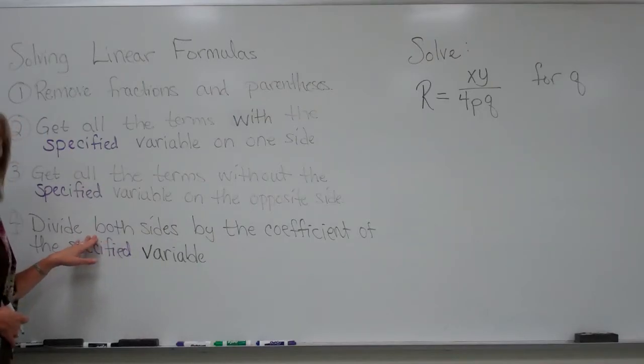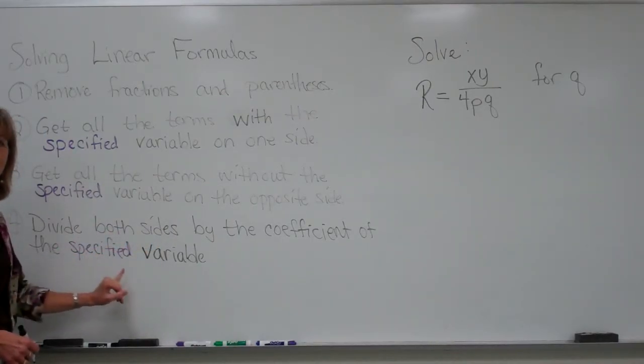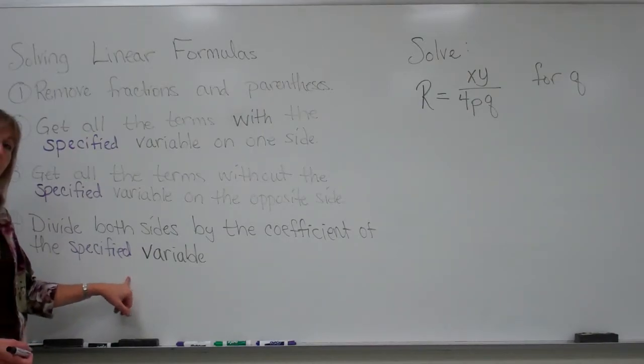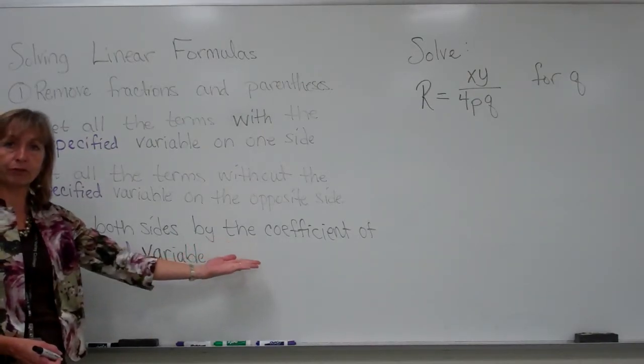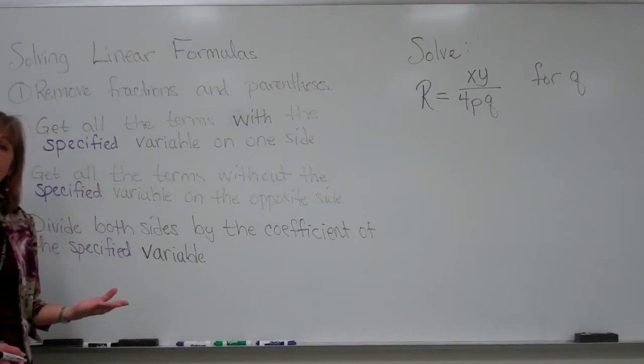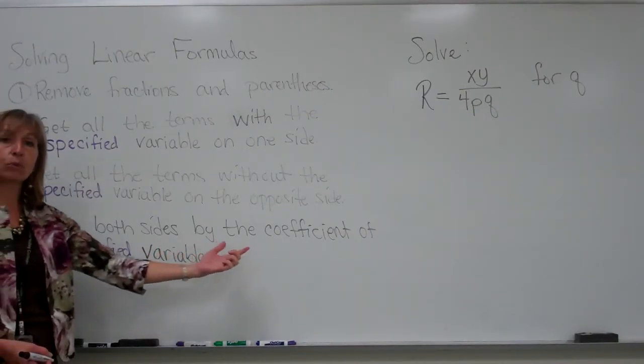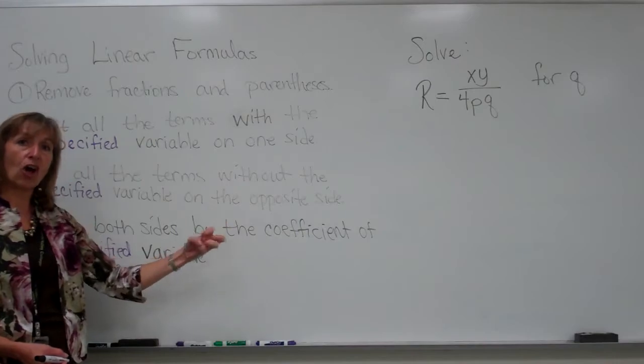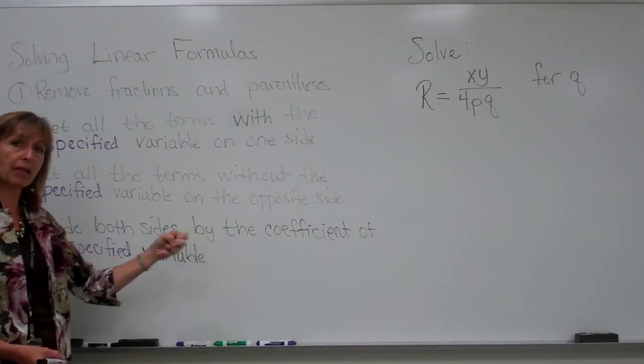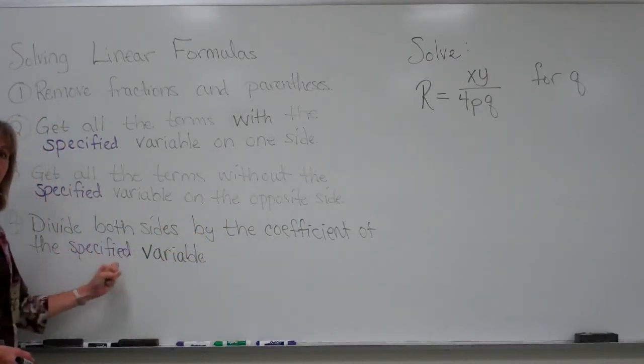And then finally, we want to divide both sides by the coefficient in front of the specified variable. Now, with one variable, a lot of times when we said the word coefficient, we talked about just the numerical coefficient. But really, the wording of the coefficient means all of the factors that are multiplied to that specified variable.